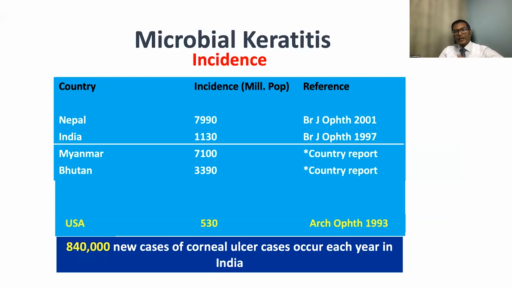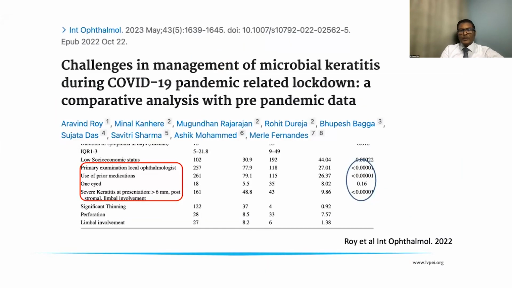So we are practically dealing with a very high load, and we need to understand the changing demographics of this condition and also change the approach to such a condition so that we are much better prepared in handling this entity.